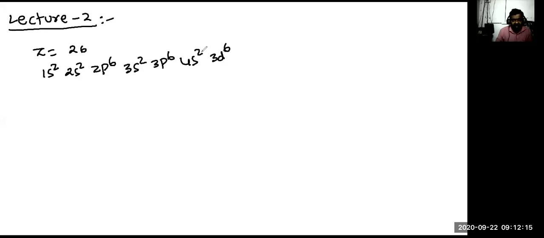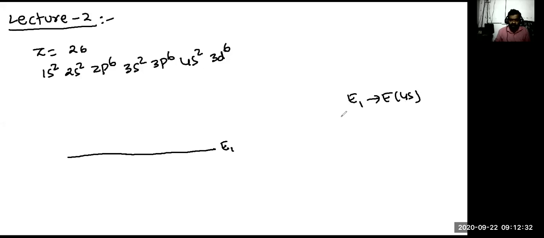will have similar energy. Let us consider this is the energy level in the ground state, E1. E1 is the energy corresponding to the 4s electrons, the two electrons.